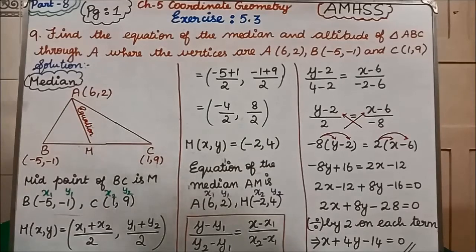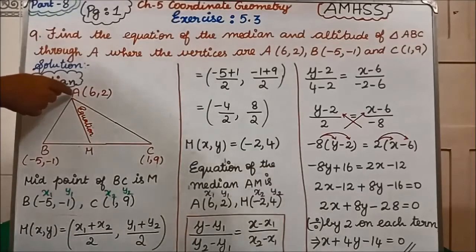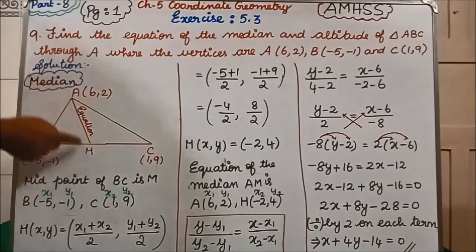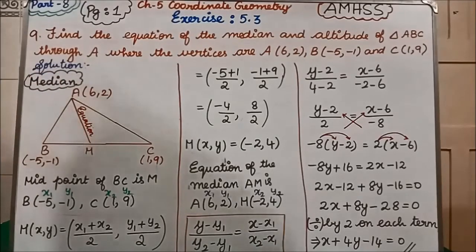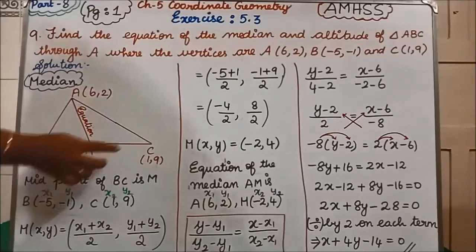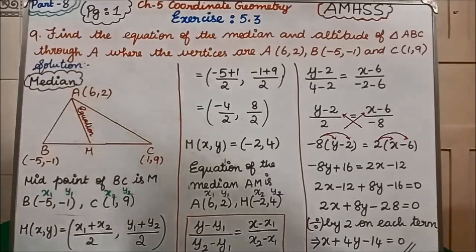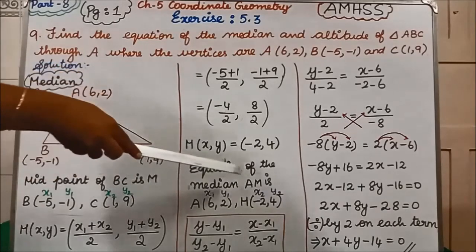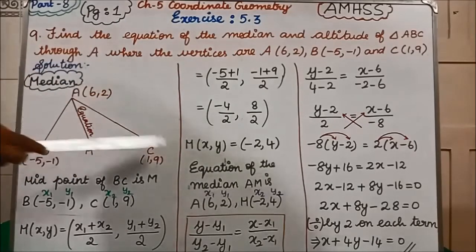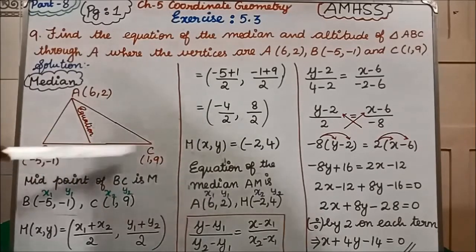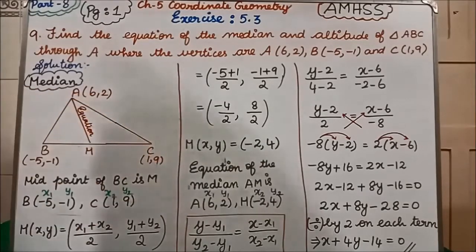Now what we have to find? Equation of the median. Which is the median in this diagram? AM is the median. For this we have to find the equation. Now we have got the M point also, (-2, 4). Now the equation of the median AM: A point is (6, 2), midpoint is (-2, 4).